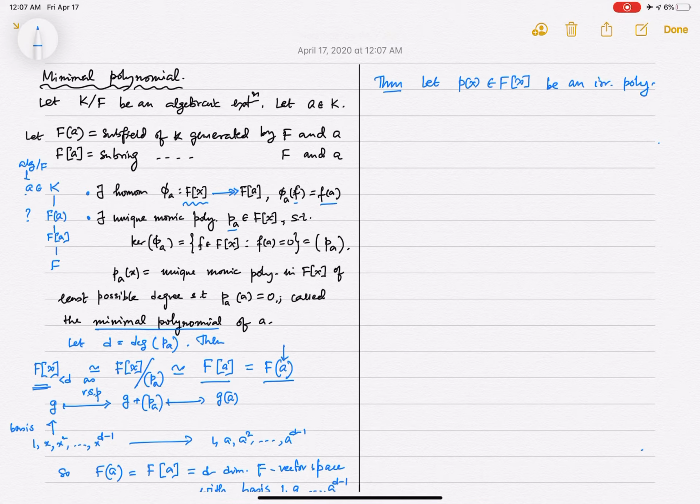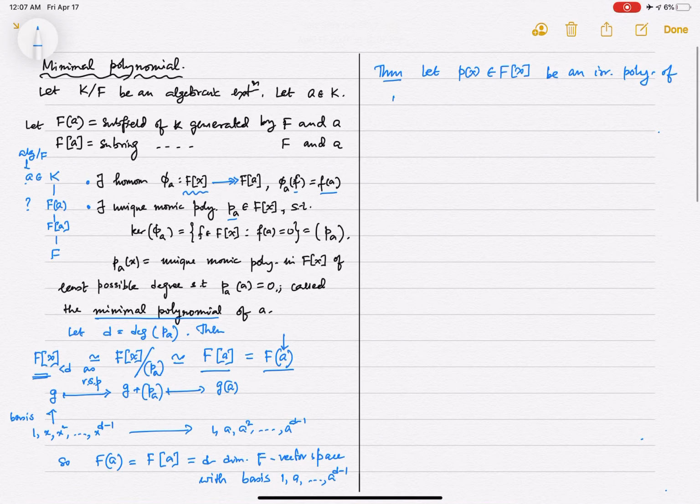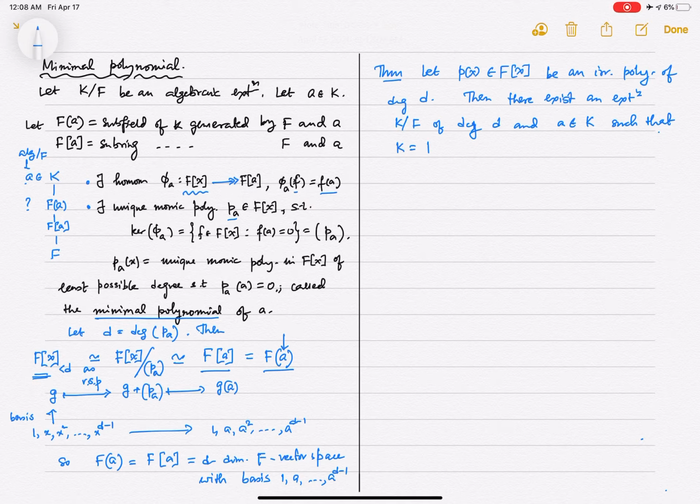Then I want to say there is an extension of degree d. Let's say, then there exists a finite extension K over F of degree d, and an element in there such that K is obtained by adding that element, and p is the minimal polynomial of that element.